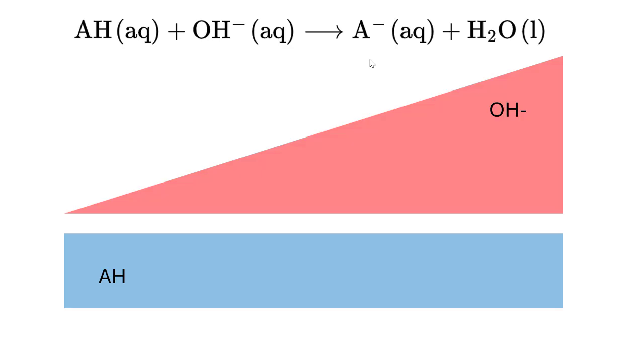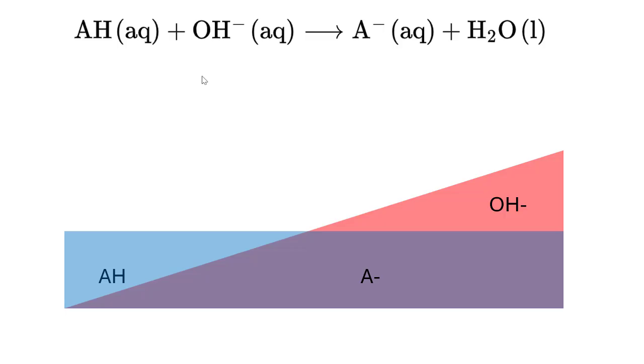I'm not showing the water in this case. That works until this is used up, of course, right? And then we have this in excess. So if I merge these two triangles, then you can see our first approximation of what the species are.